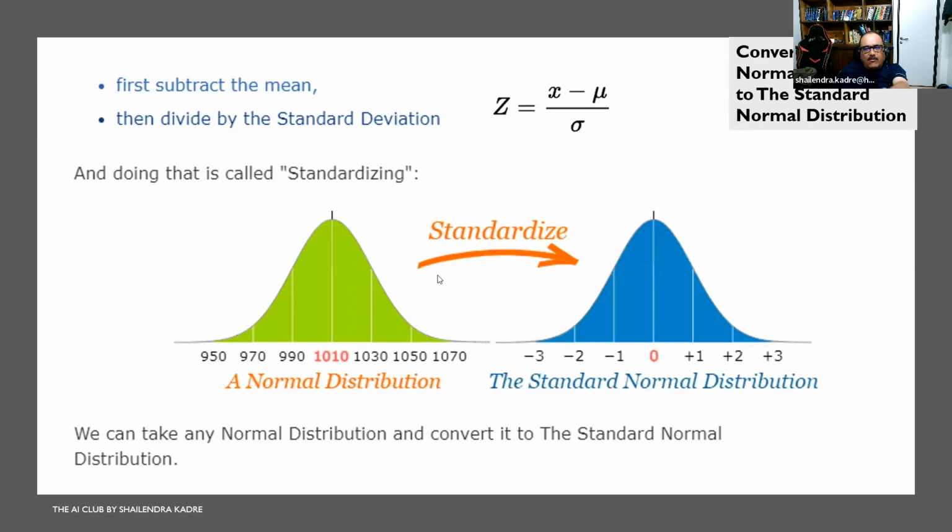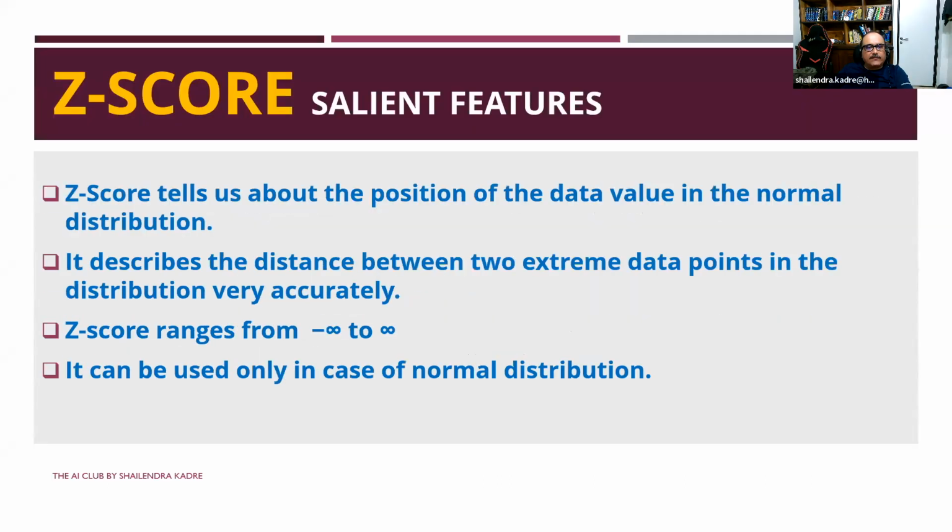Look at the end of the bell-shaped curve: the ends will never meet the x-axis. They will go parallel to the x-axis, and they will go till infinity. So your Z will vary from minus infinity till plus infinity. Are you okay here?